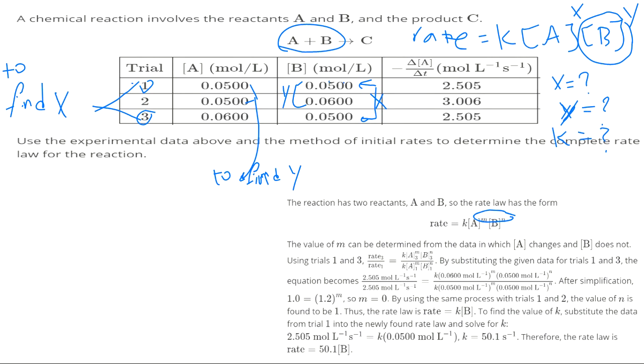Then you write the rate, going from rate 3 over rate 1. That equals K times the concentration for trial 3, which is 0.06 for A, to the X, and for B is 0.05.